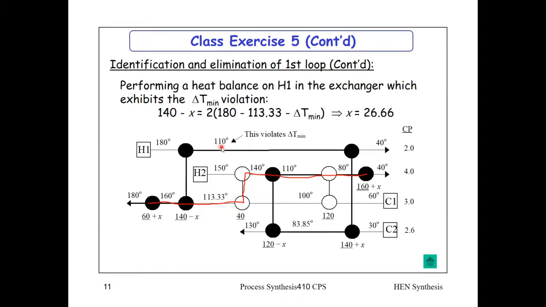Then this one must increase to 126 degrees C. So that is plus 13. It's the same temperature, of course, 13.33 degrees, and you multiply it by the CP of 2 times 2, and that gives us 26 kilowatts. So that's that answer there.